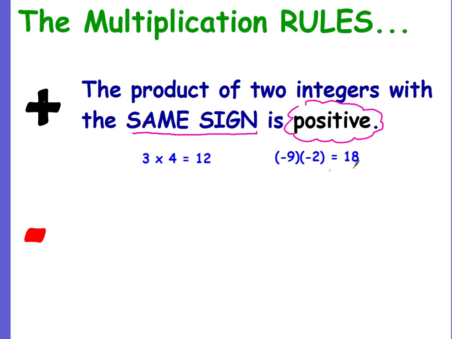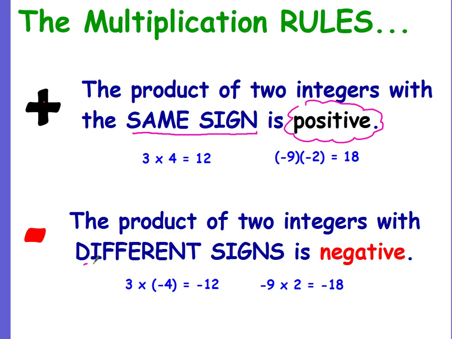So the answer is positive. And when you have different signs, your answer is negative. So 3 times negative 4, we have a positive times a negative, so our answer is negative because they're different signs. Negative 9 times a positive 2, different signs, the answer is negative.